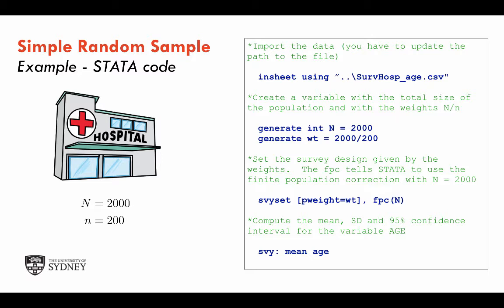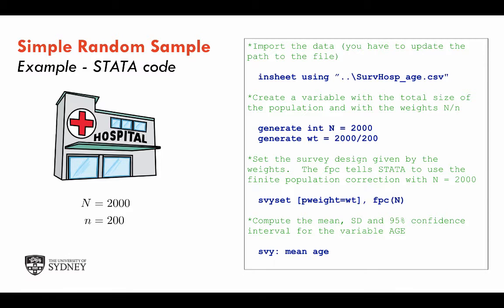Now the next command, svyset, will tell Stata that we have a complex design, and the FPC option is an option to use the finite population correction. So this svyset will basically define the sampling scheme in Stata.